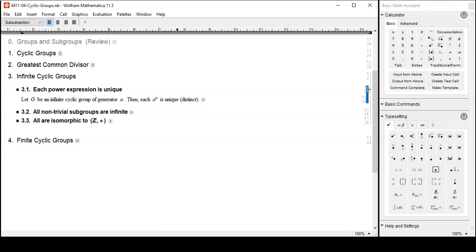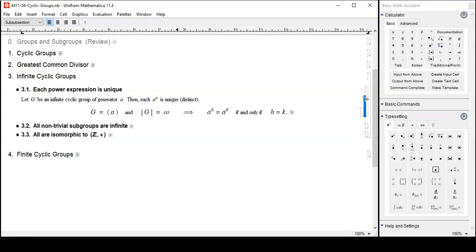Start from an infinite cyclic group, G, generated by a. Then each expression, a to the n power, is unique. All a to the n powers are all distinct, basically. Here's a symbolic expression. If G is cyclic and has infinite order, and a to the h power and a to the k power are the same, then the powers h and k must be the same.